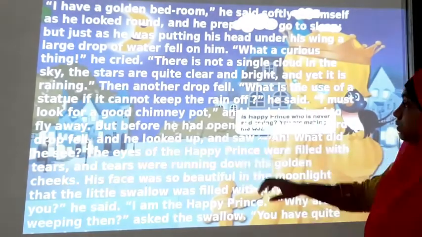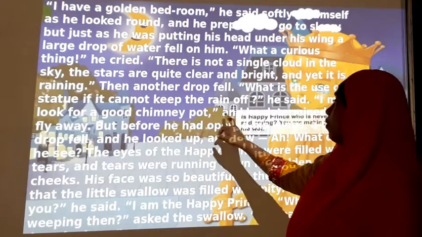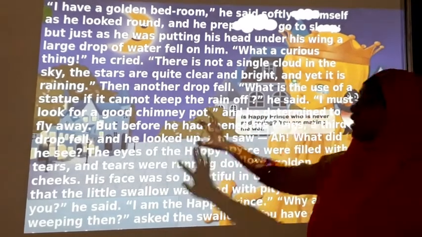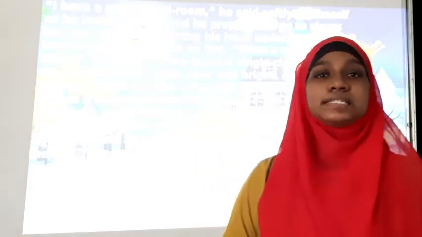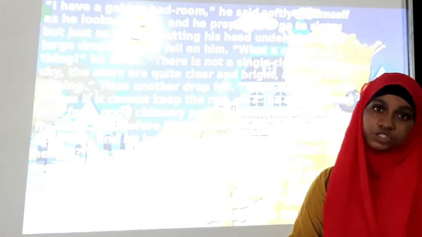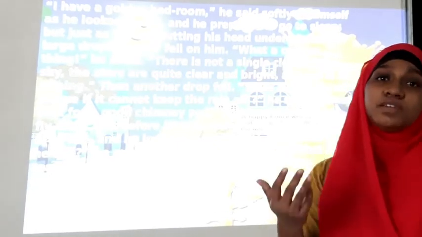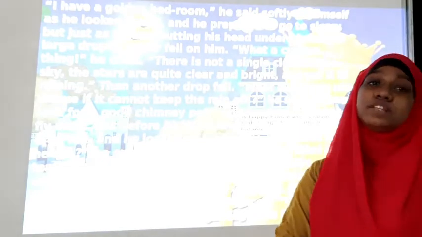So here you can see, he said, "I must look for a good chimney pot," and he determined to fly away. Now what happened? The swallow thought that if I sit here, I will become wet and I cannot sleep properly. So I have to find some chimney, meaning a place to sleep where I will be safe.